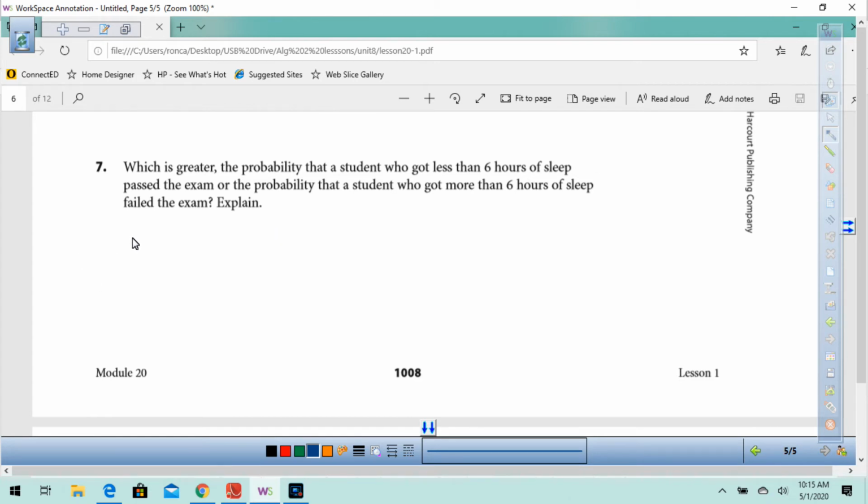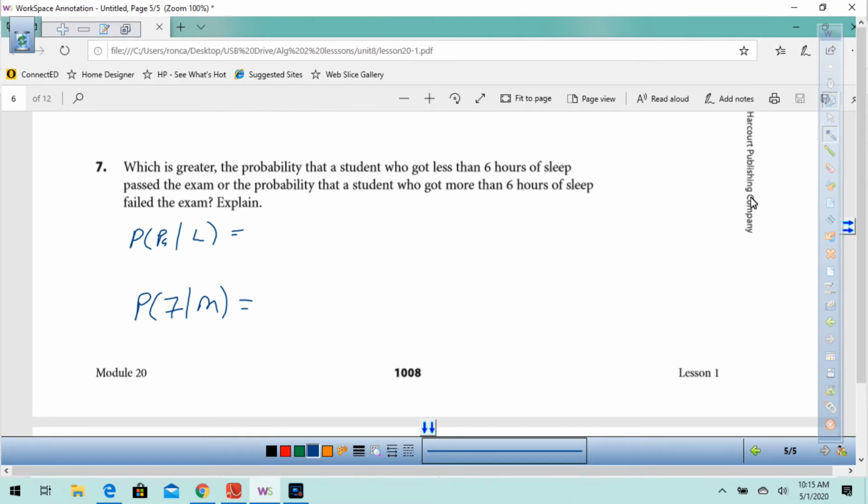So the first one is P of A given L, and then the other one is the probability that they failed given they got more.